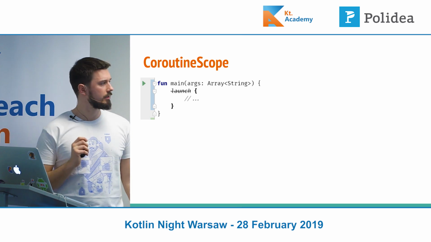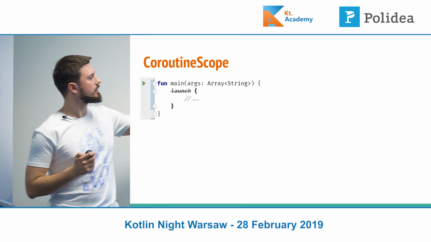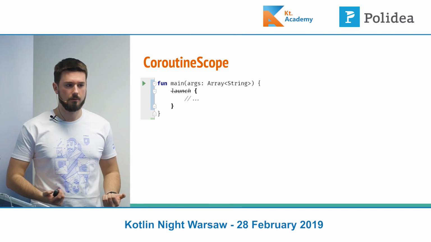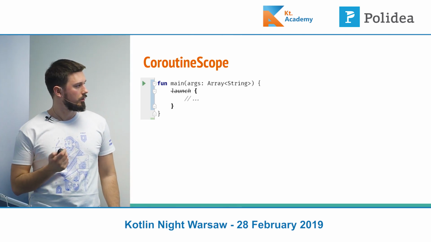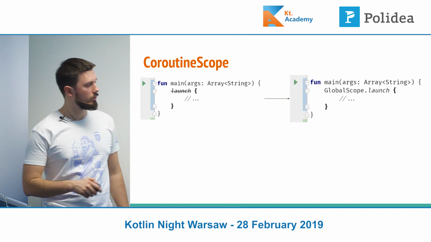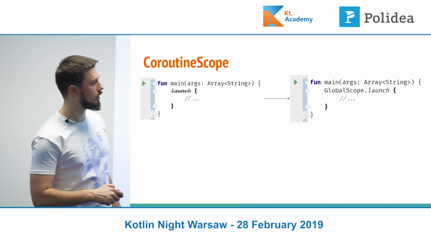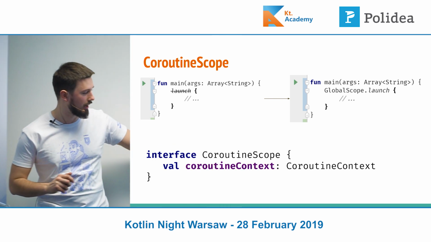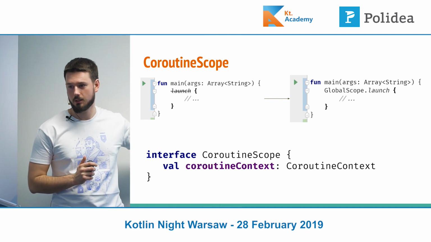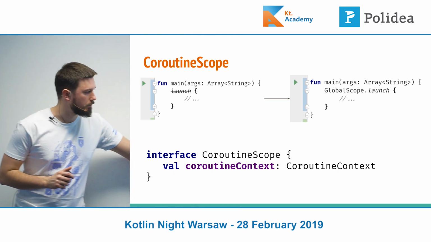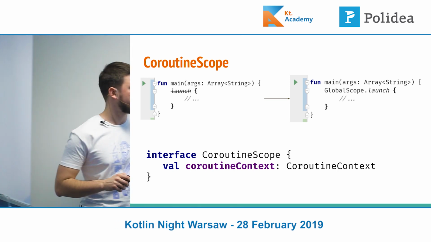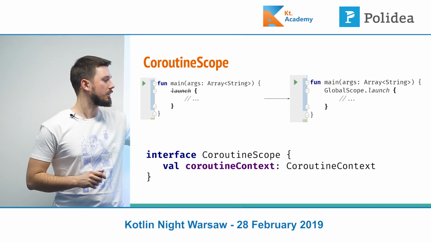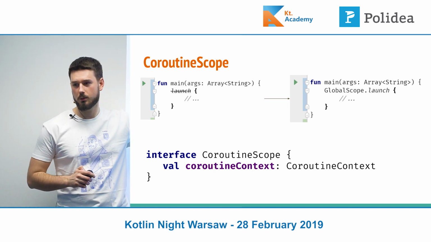One more thing is that you don't really start launch without any context. We need to start it in some scope. What is scope? Scope is basically a holder of coroutine context. But what is important is that each coroutine in this block, this is a lambda expression with receiver, has a CoroutineScope.